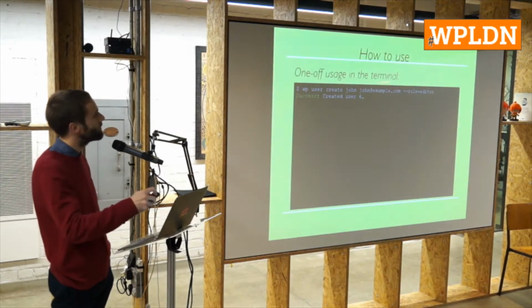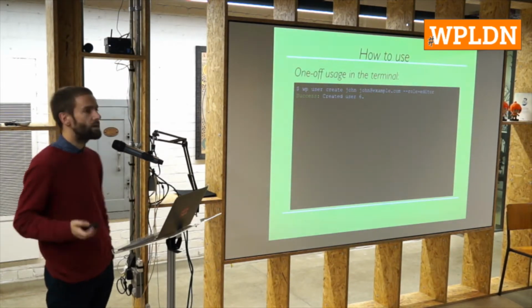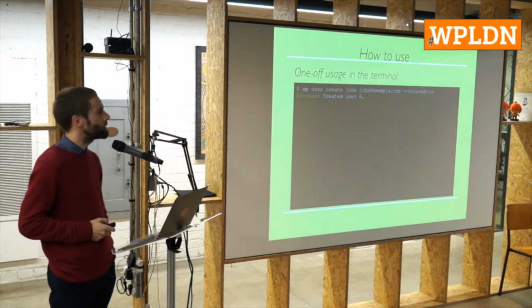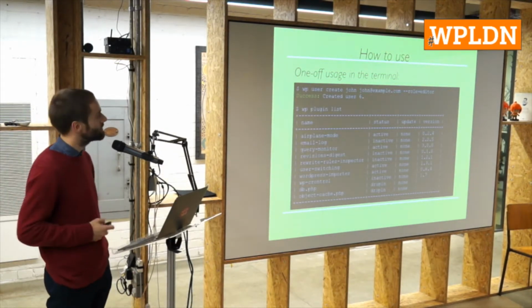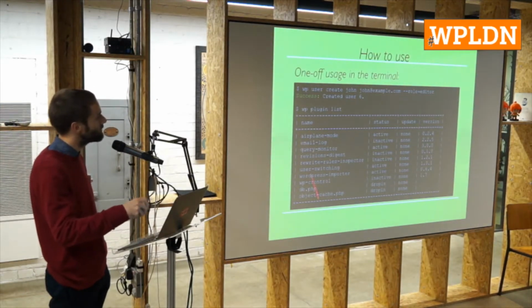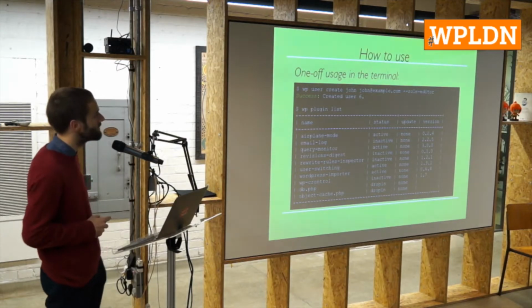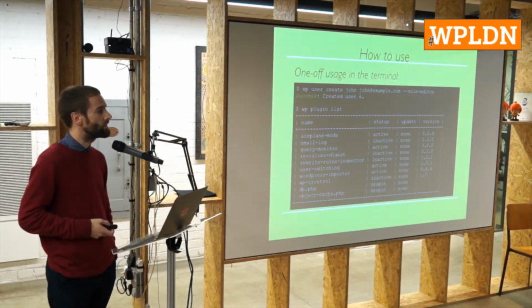So you can pass in a couple of parameters for the username and the email address and the role, and that immediately creates a user on our website. WP plugin list, this is a command that literally lists the plugins available on your site. So you can see this nice table here with the plugin names, and status and the version number. It's kind of the same information that you get from the plugins screen in the admin area.